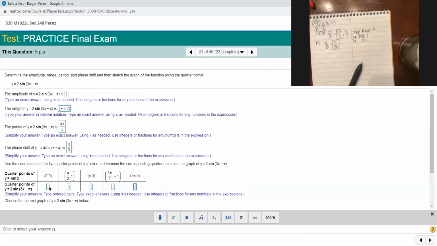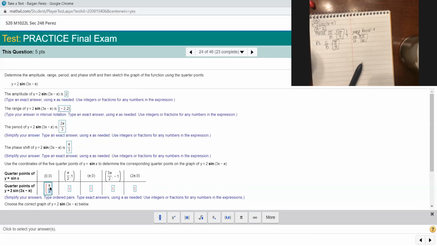Okay, so you're supposed to start with your phase shift. So that's pi over 3. Then the next one, we would be adding a 6. So pi over 3 is the same thing as 2 pi over 6. 2 pi over 6 plus 1/6 is 3 pi over 6, which is the same thing as 1/2. So right here, it would be pi over 2.